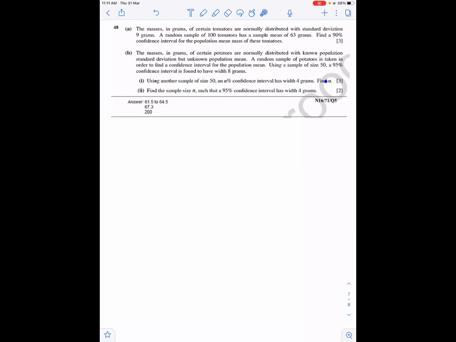Find this. Okay, first what we're going to do is find out the population standard deviation, because without that you cannot find out the value of alpha. Firstly, let's find out the value using the information given.